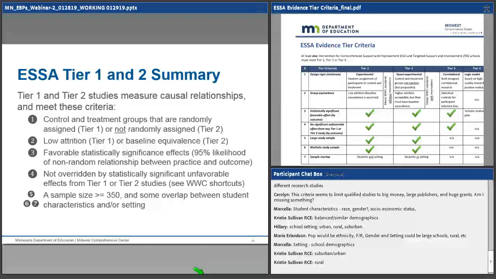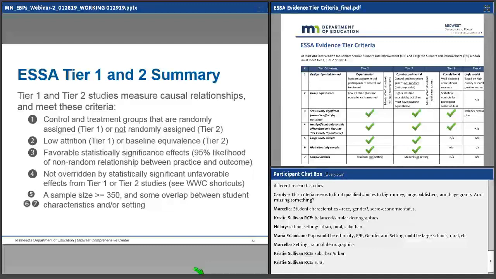And actually, I'll pause just to say I didn't stress this enough. At criteria 4, the negative effects need to come from a Tier 1 or Tier 2 study specifically, right? So that means if you find negative effects for a Tier 3 study, that's okay.